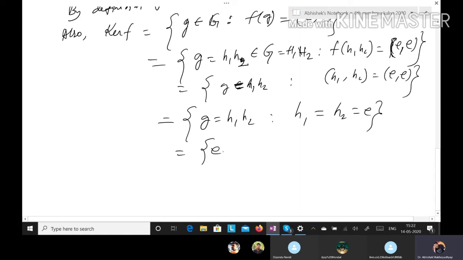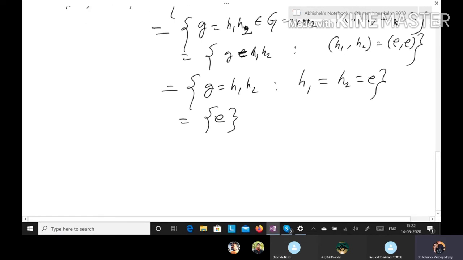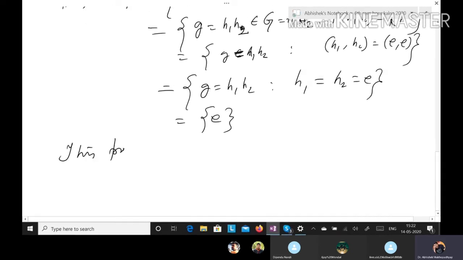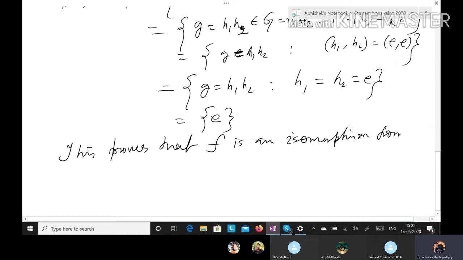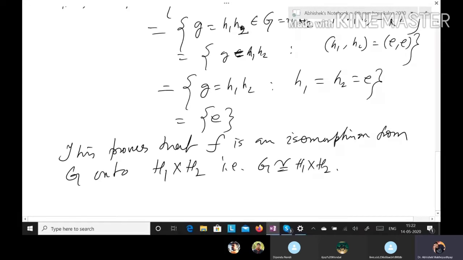So that means it contains exactly the identity. And this proves that F is an isomorphism from G onto the external direct product of H1, H2. That is, G is isomorphic to H1 cross H2. And this proves that if G is the internal direct product of H1 and H2, then G must be isomorphic to the external direct product of H1 and H2.